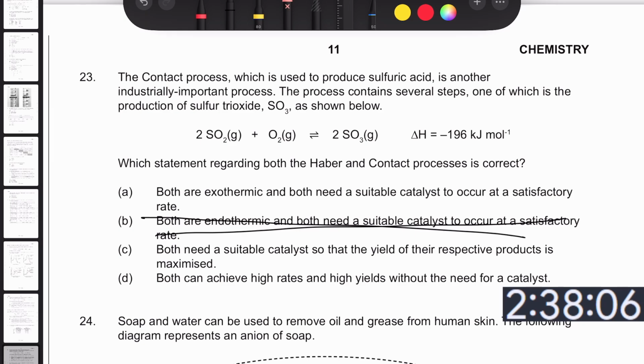Both need a suitable catalyst so that the yield of their respective products is maximized. Both can achieve high rates and high yields. That's not true. Does ammonia need a catalyst though?